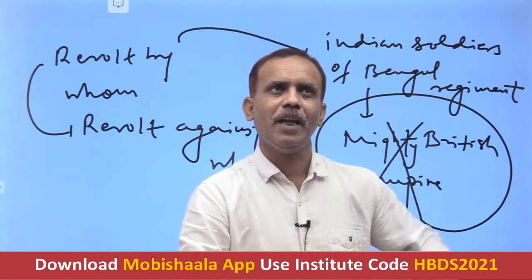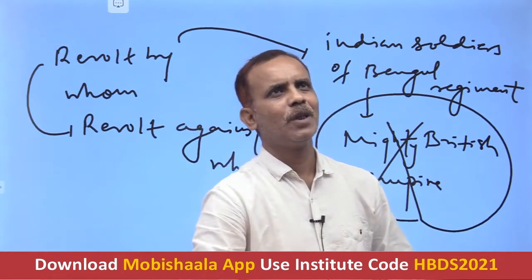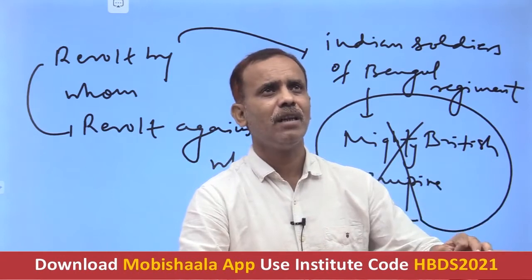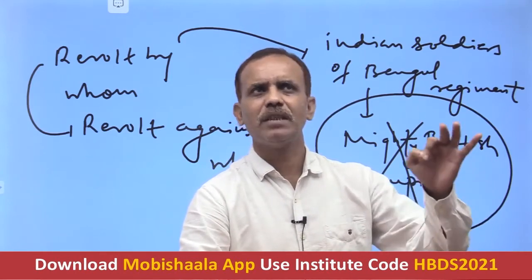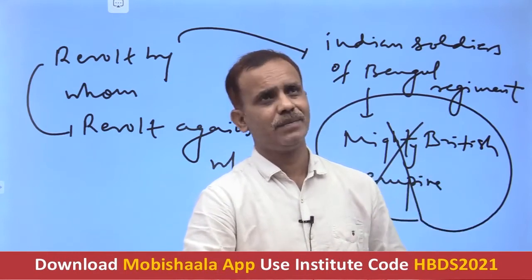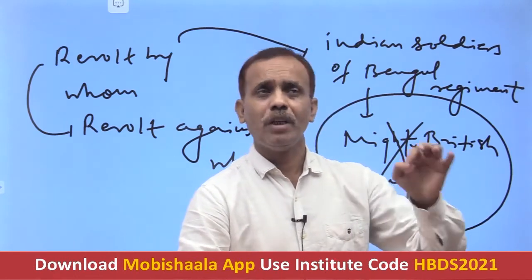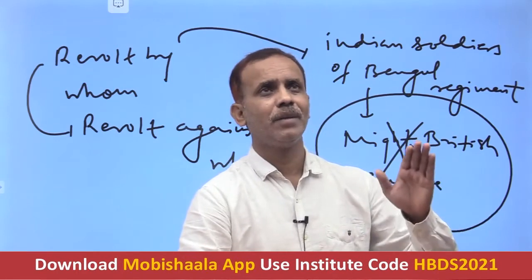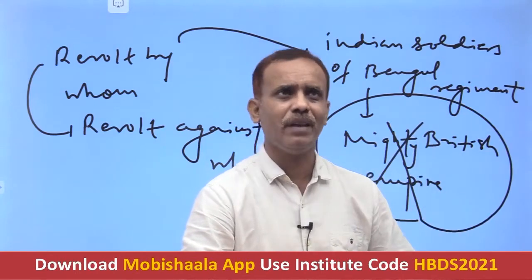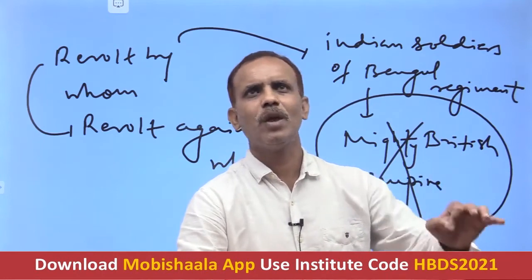In brief, we can say the goal was to destroy the whole fabric of the racial, imperial British Empire in India, and thereby replant their own system, their own governance led by the Mughal Emperor, led by Indian people, led by Indian princes. This was the goal of this revolt.